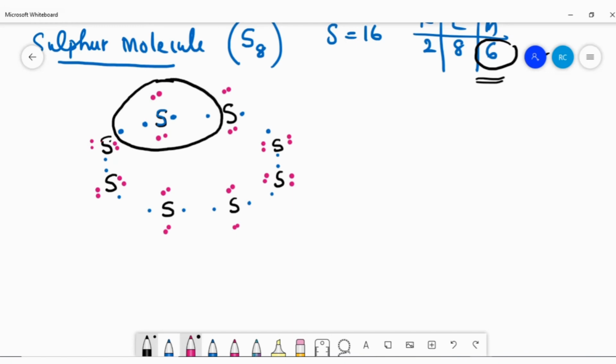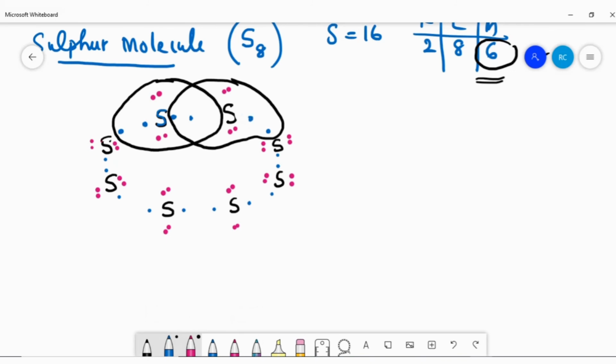This is the first sulfur atom. Then draw the second one. For each circle you need to count whether it satisfies the 8 electron condition or not. If you are drawing the sulfur just near the other atom, then it will be easy for you to draw the structure.